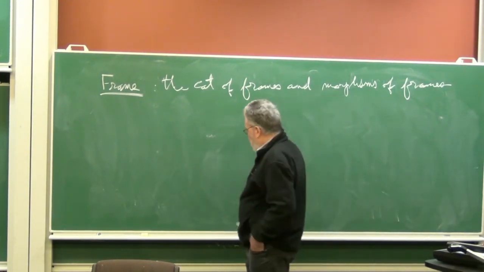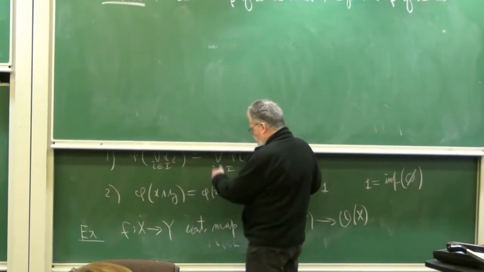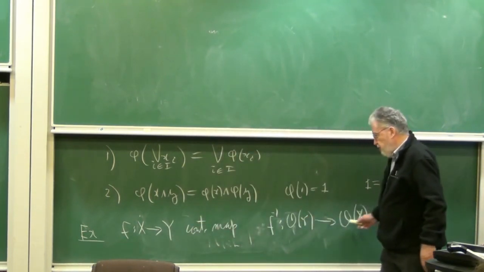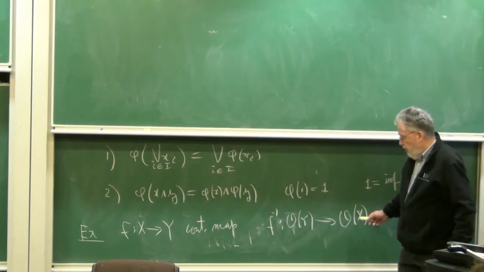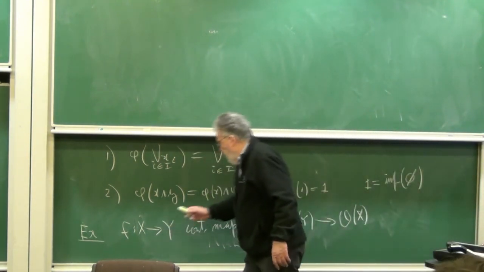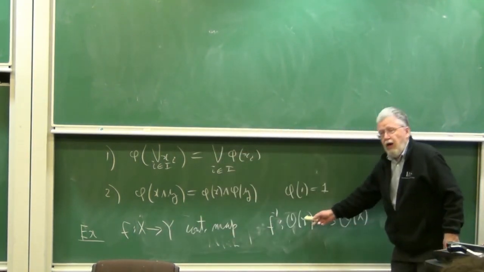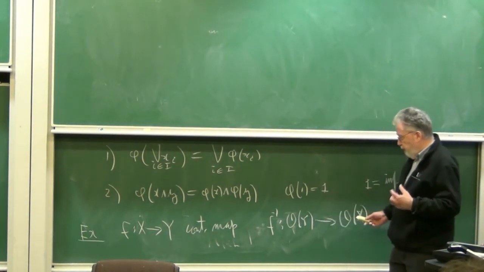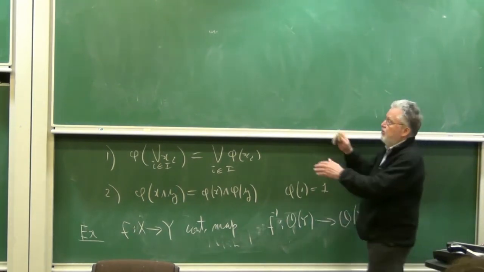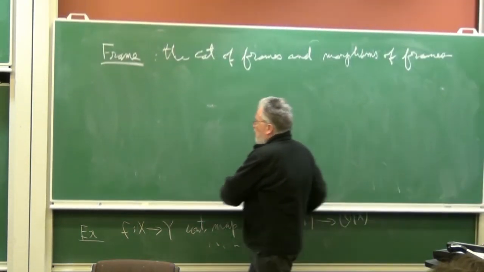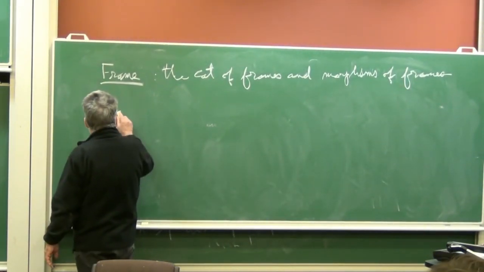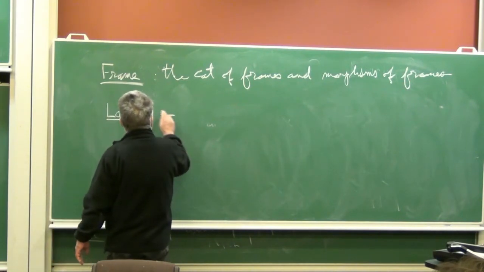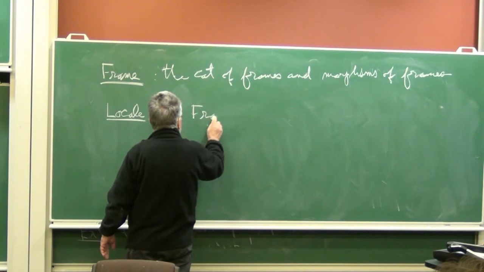And so when we compare topological spaces to frames, we see that the directions of the morphisms are reverted. Given a map from X to Y, we get morphisms of frames in the opposite direction. So if I want to consider that a frame is a topological space, I should reverse the direction the other way. So the category of locales is defined to be the opposite of the category of frames.